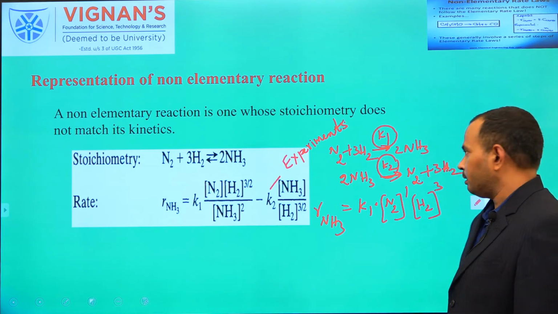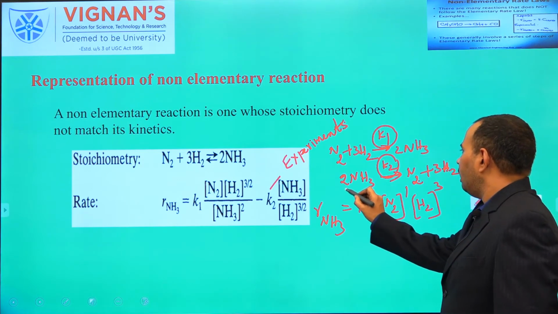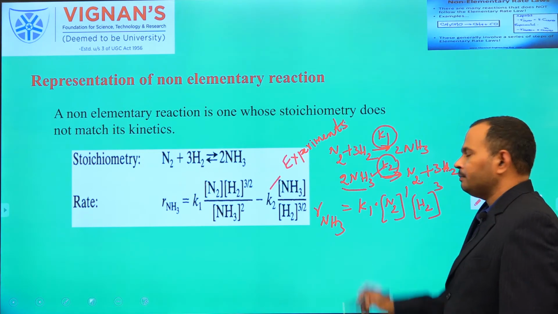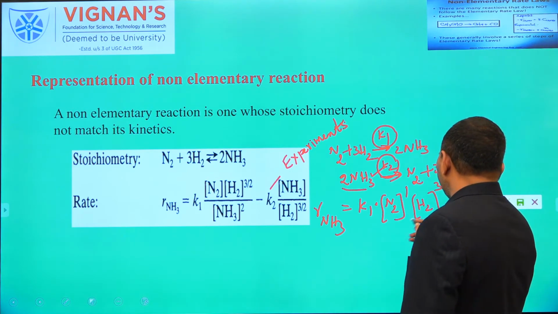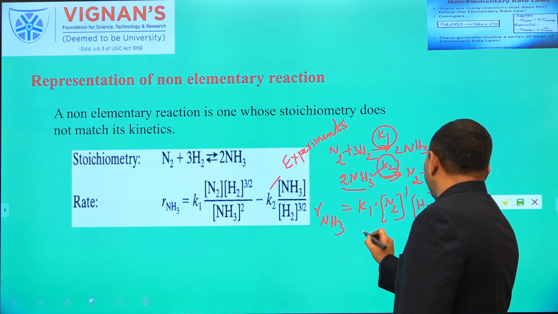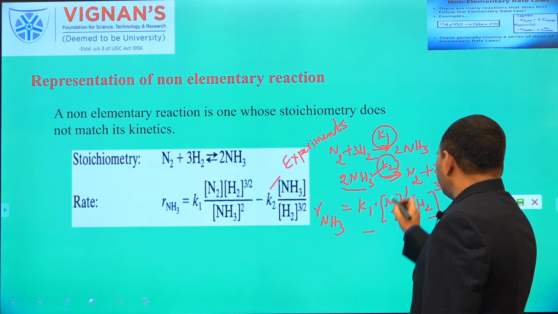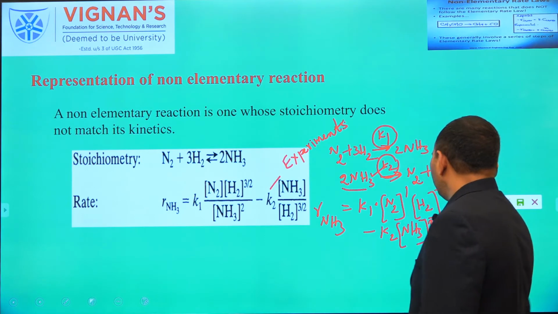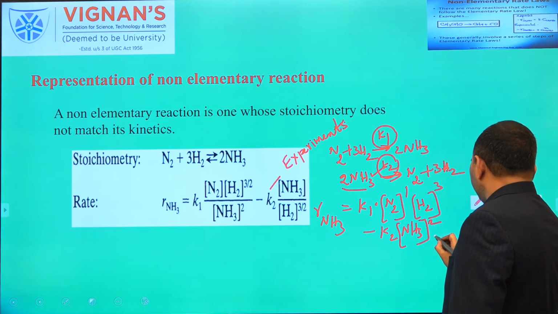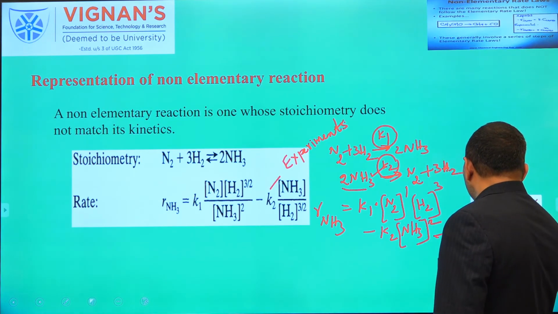In the second equation, ammonia is on the reactant side, so the rate is negative: minus the rate constant K2 into ammonia squared, as the stoichiometric coefficient is 2. So, this is the equation based on the stoichiometry.